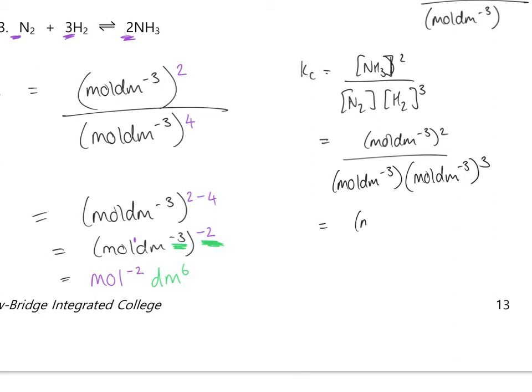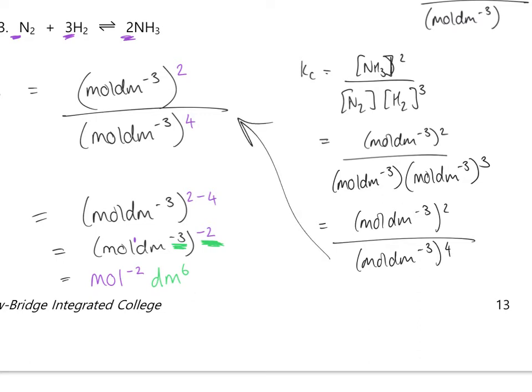That's going to work out again as moles per decimeter cubed to the power of 2, adding your powers on the bottom, moles per decimeter cubed to the power of 4, and then we end up back here in order to work out our final unit.